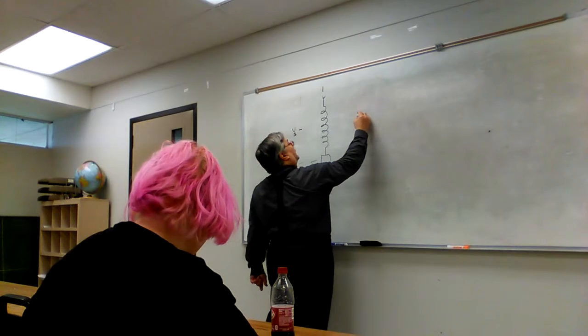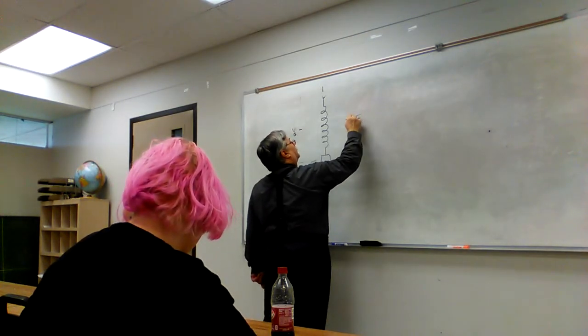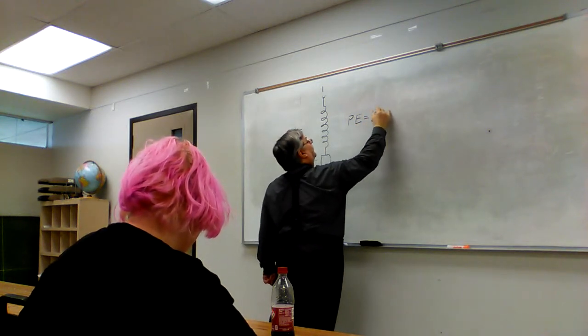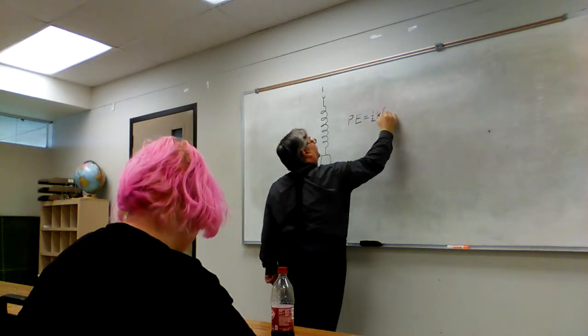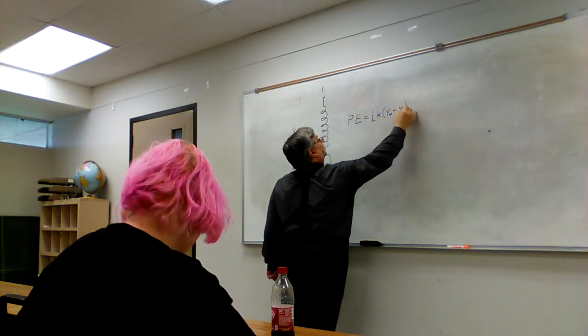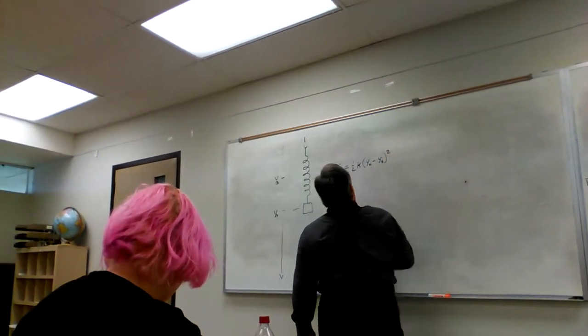So the stored potential energy of the spring is equal to 1/2 k (y naught minus y of the spring, or y relaxed or whatever) squared.